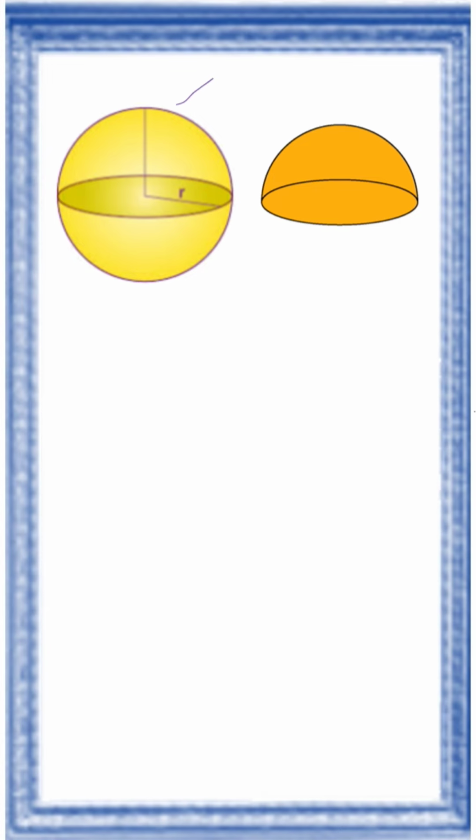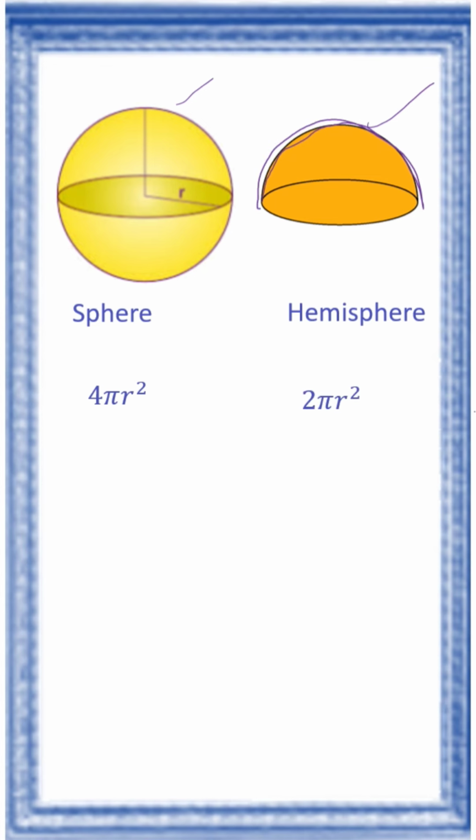This figure is sphere, this figure is hemisphere. Both CSA and TSA of sphere are the same. But in the case of hemisphere, they are different. CSA of sphere is 4 pi r square. CSA of hemisphere, which covers only this area, is 2 pi r square.